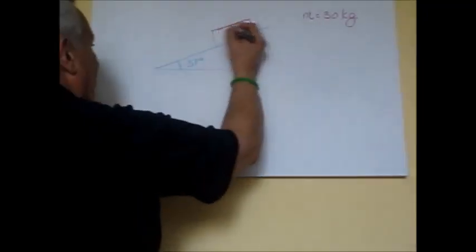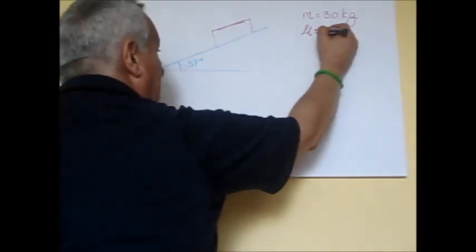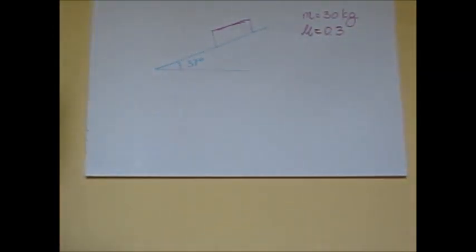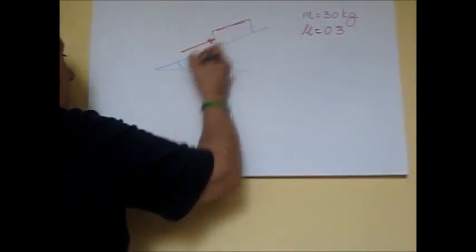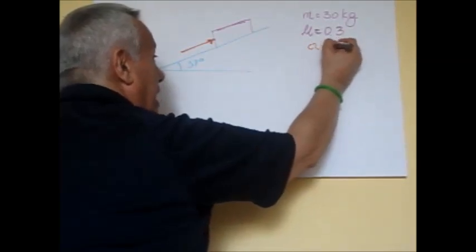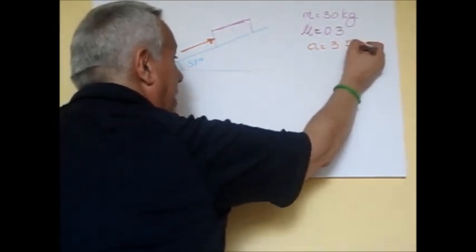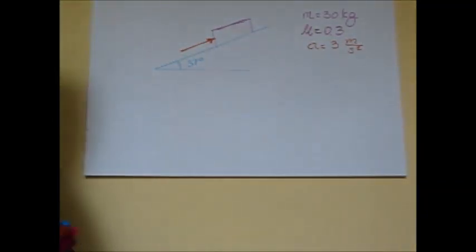He was given the coefficient of friction between those two surfaces, which is 0.3, and was asked how much is the pushing force that you have to apply here to cause an acceleration of 3 meters per second squared.